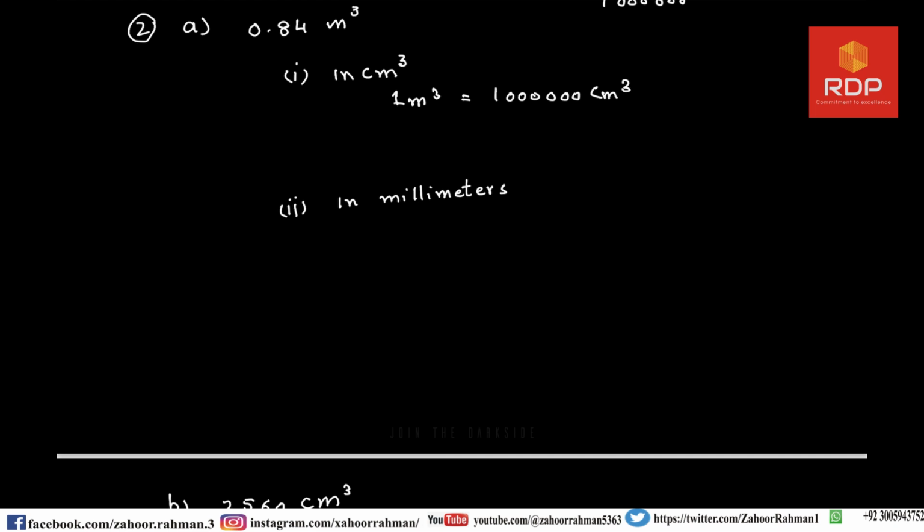So 0.84 meter cube will be equal to 0.84 multiplied by 1 million, and that will be in centimeter cube. So 840,000 centimeter cube will be the answer.